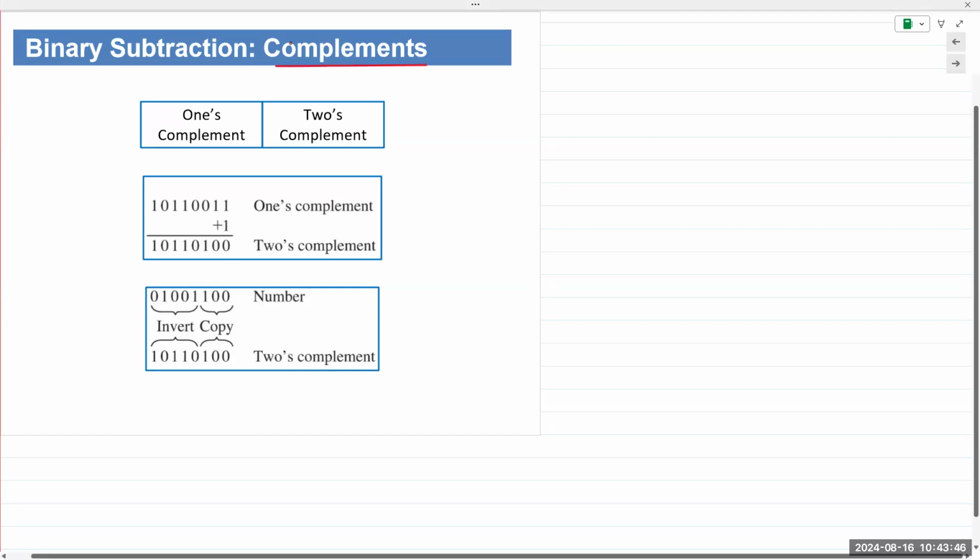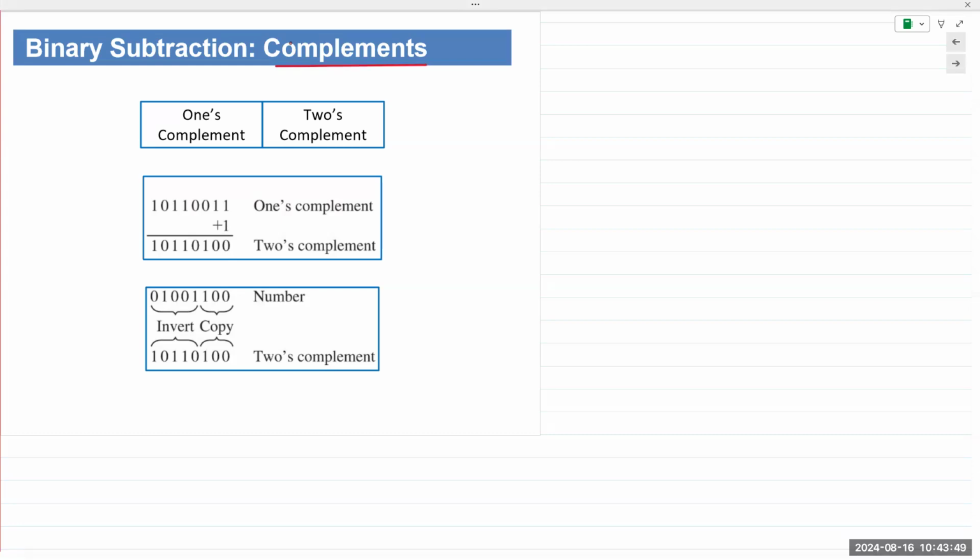Just the word complement. In the English language, the same word might have many meanings. Here, complement means opposite. It's not compliments as in praise; complements, in this case, is kind of opposite. So one's complement is easy enough.